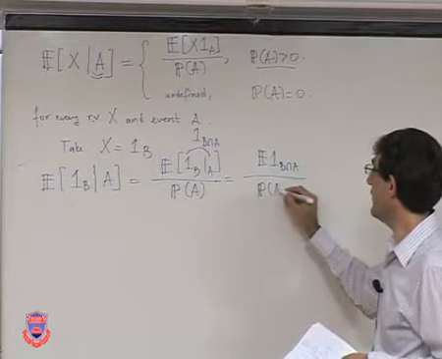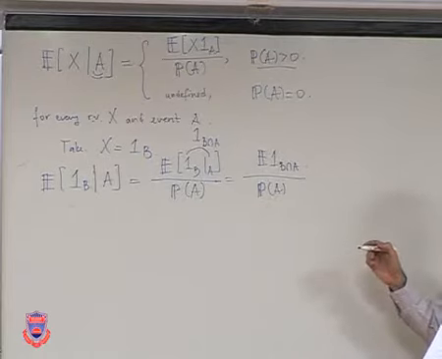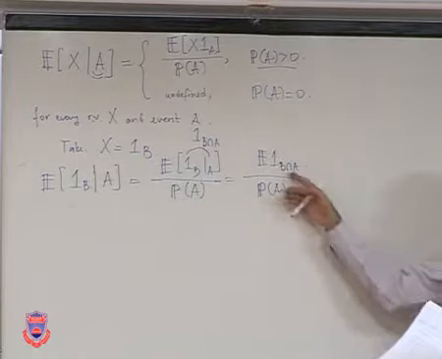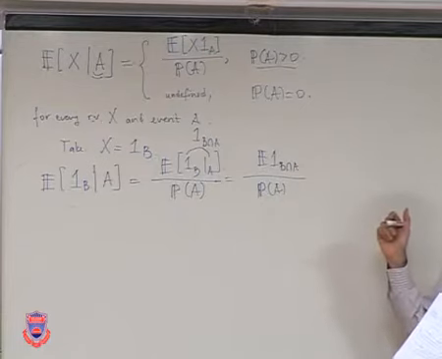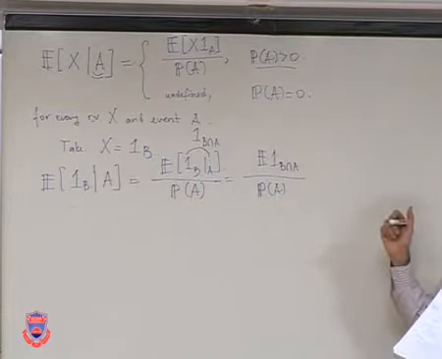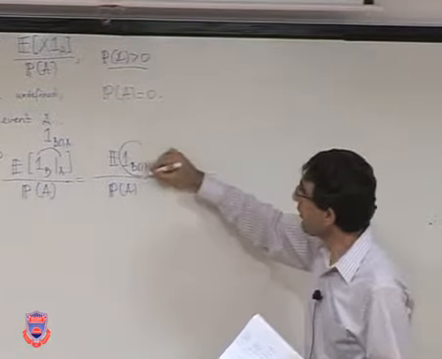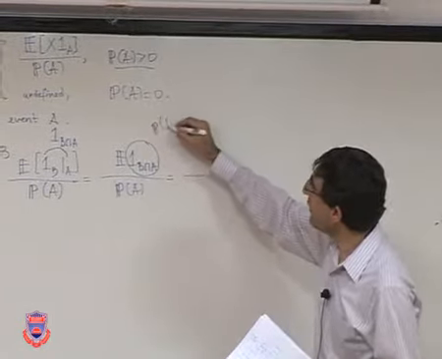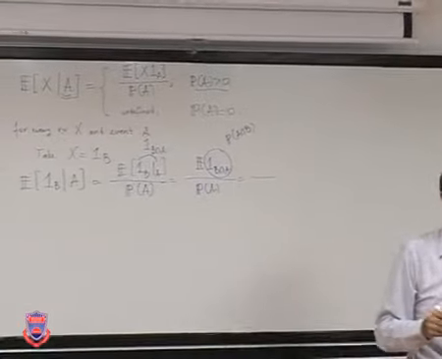In this case, it is just the intersection of A and B. What is the expected value of a Bernoulli random variable? It is the success probability. What is the success in this case? If A and B happen at the same time. So the success probability of this Bernoulli random variable is the probability that A and B happen at the same time.